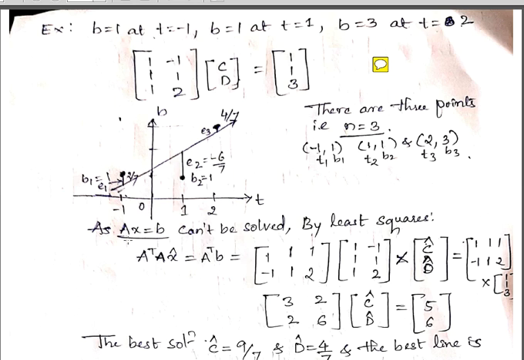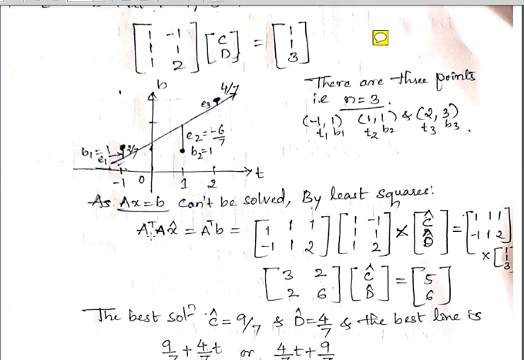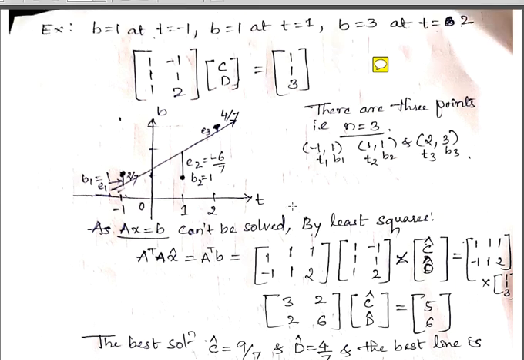As Ax equals b cannot be solved by least squares methods, it is not solvable. So we need to go for A transpose A x cap. Meaning, if we can't solve the equation by least squares, then what should be the process? The process is A transpose A x cap.